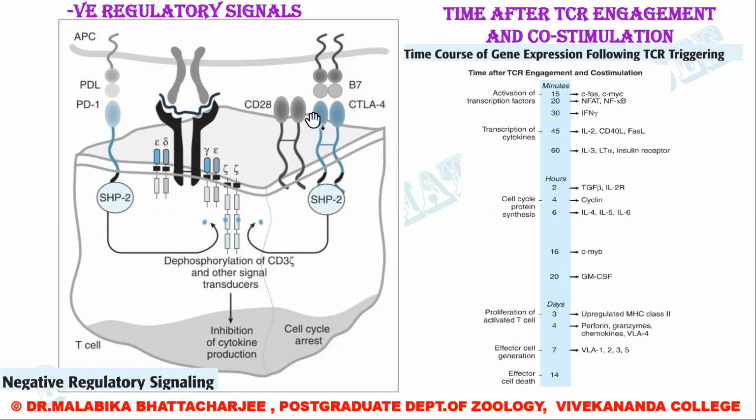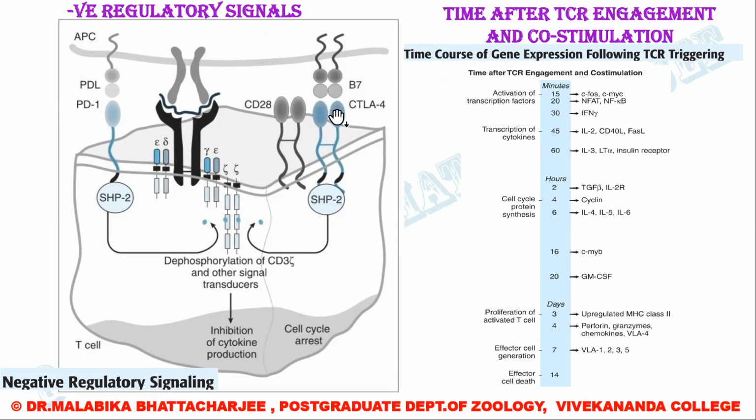So, unless and until a time span of 48 to 72 hours have passed, the CTLA4 are not activated on the T cell surface. But mind it, once they are activated, as I said earlier, they have a higher affinity for B7.